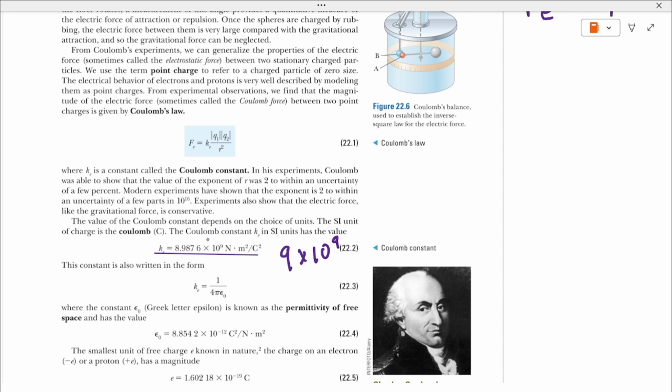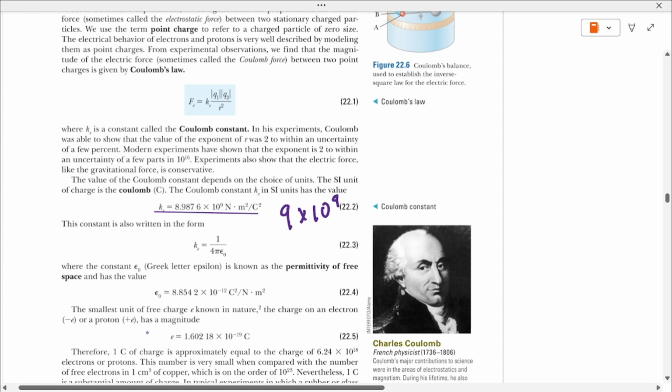And k is also equal to 1 over 4 pi epsilon sub naught, and epsilon sub naught is the permittivity of free space. It basically describes how easy it is to create an electric field in a vacuum, which will be discussed later.